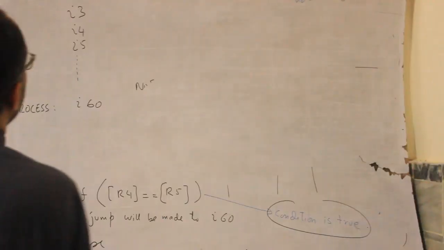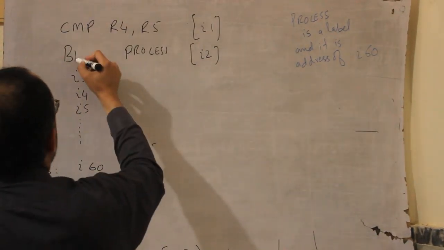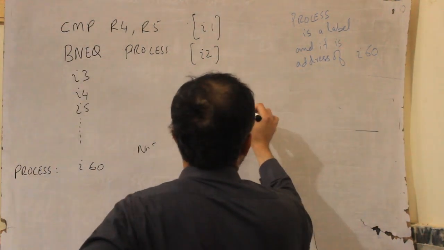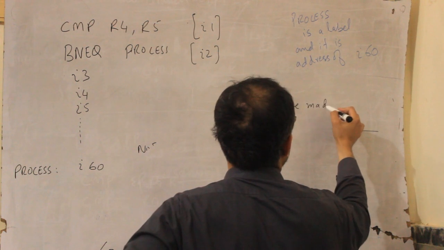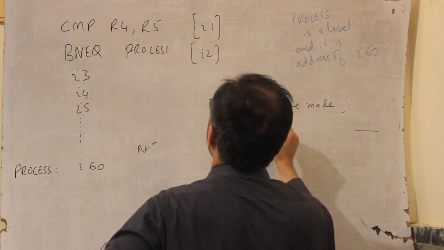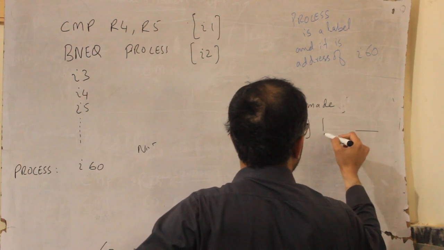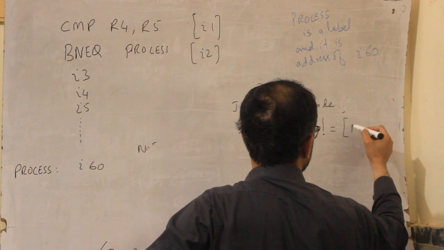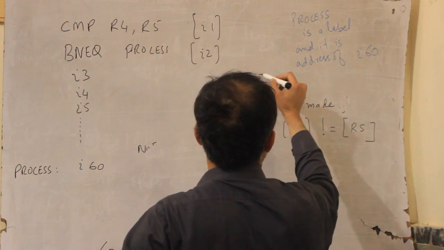Now, if instead of equal we say branch not equal, it means that a jump will be made if R4 is not equal to R5.